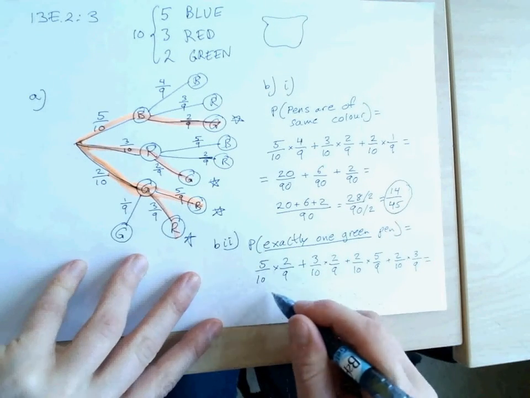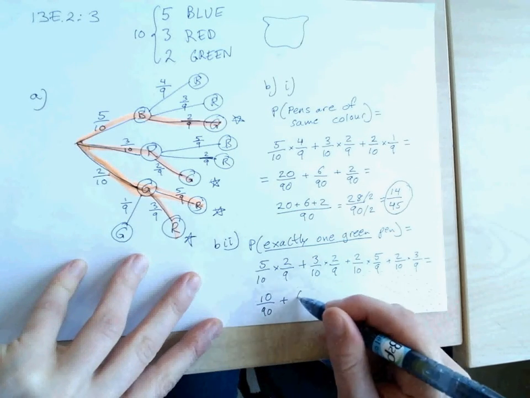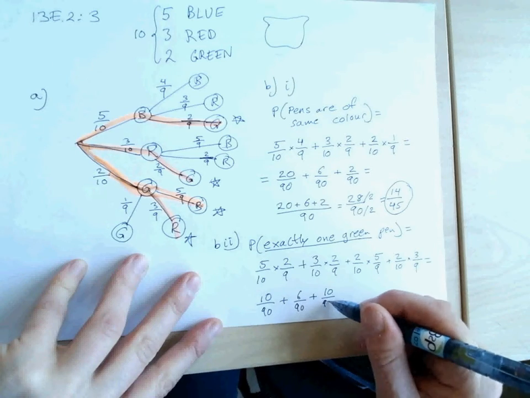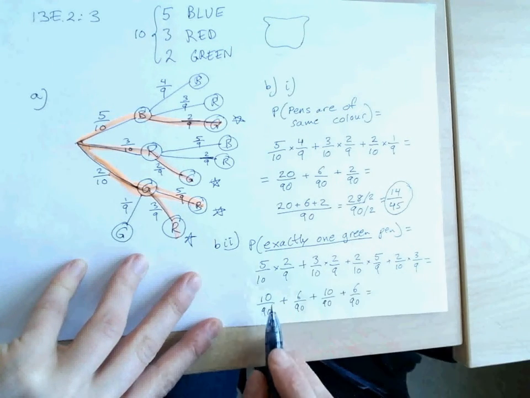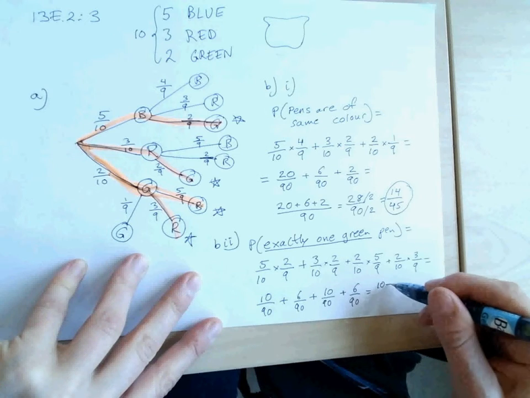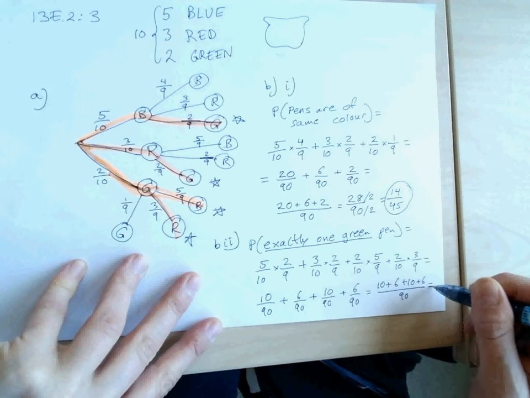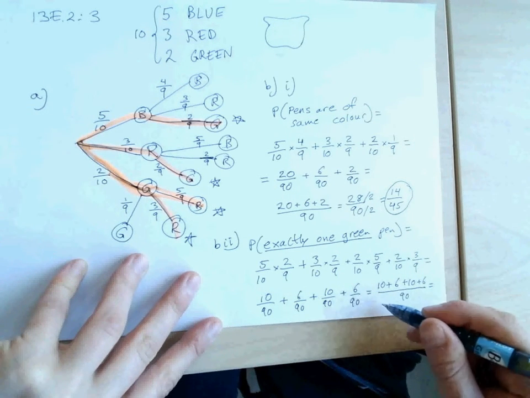And we summarize here. Here we get 5 times 2, 10 over 90, plus 6 over 90, plus 10 over 90, plus 6 over 90. And in total, 10 plus 6 plus 10 plus 6 divided by 90 is equal to 10 plus 10 is 20, plus 6 plus 6.